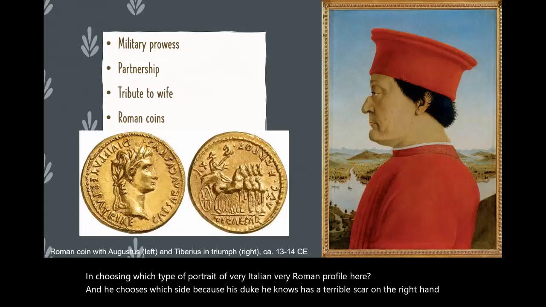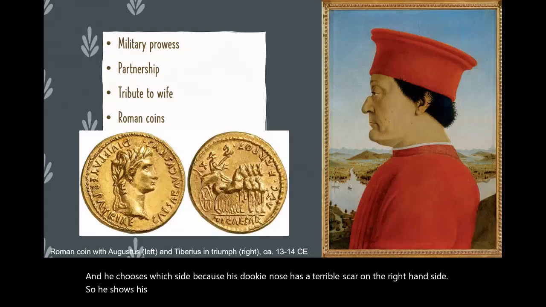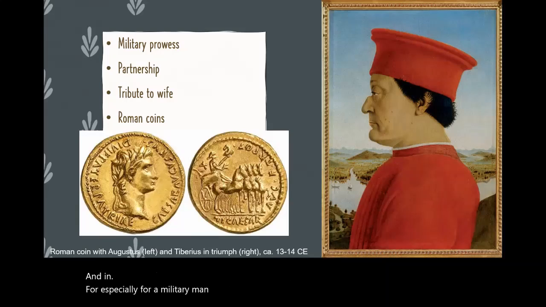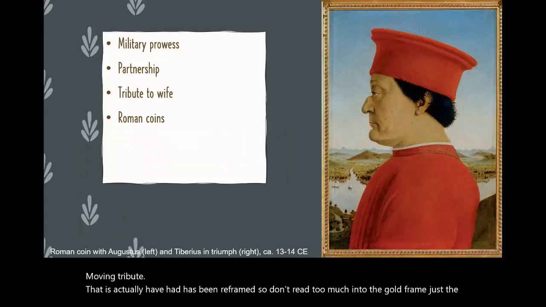So he shows his master, his employer, his patron in the best light. And especially for a military man that we just saw in armor, a very gentle, a very sweet, a very emotional, moving tribute that has actually been reframed. So don't read too much into the gold frame, just the portraits here of Federico.